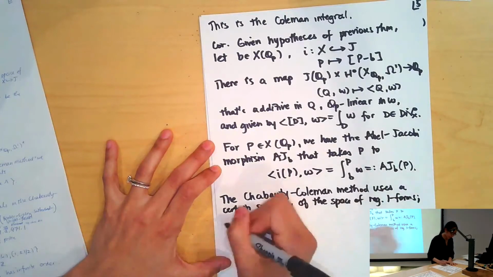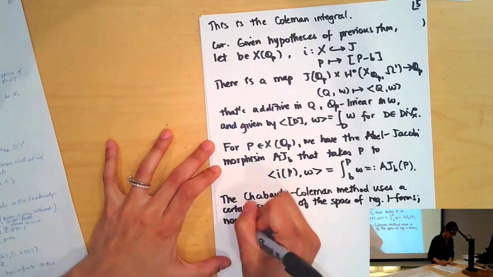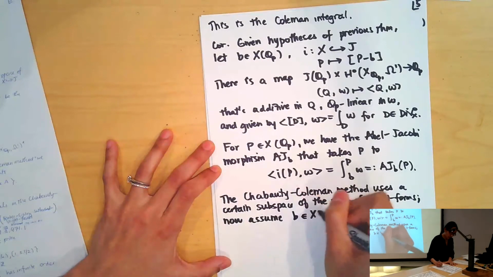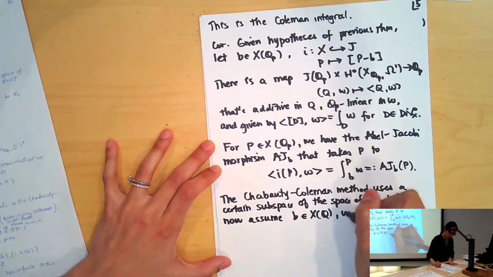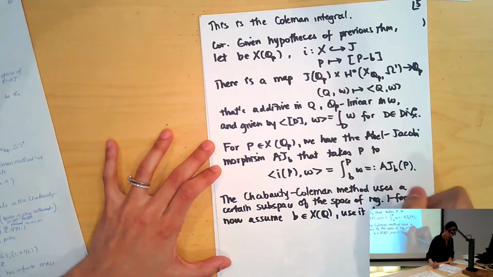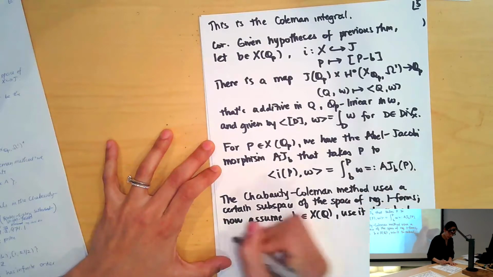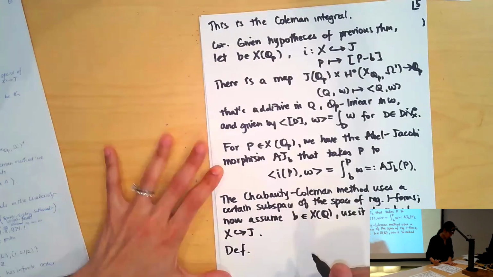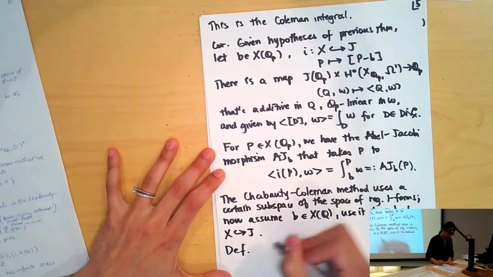And we're going to now assume that we have a rational base point and use it to embed X into J. And so we'll call this our subspace of annihilating differentials.